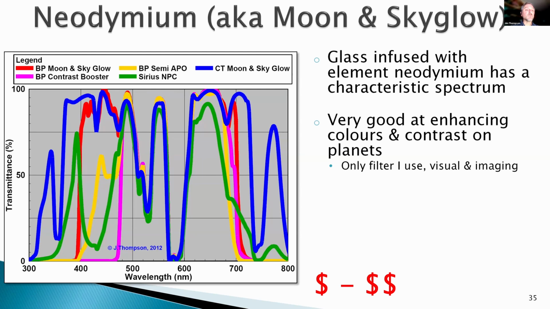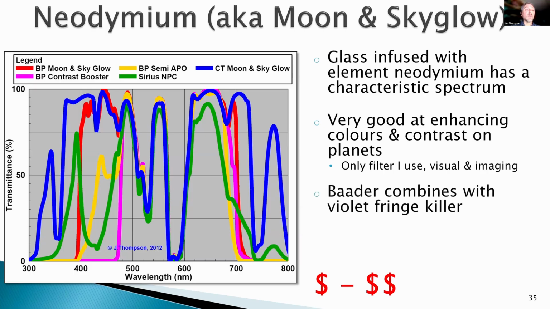I personally use the Moon and Sky Glow filter whenever I observe planets. There are a number of variations on the basic neodymium-infused glass filter that tailor the filter for different applications. Some have interference coatings to provide UV-IR blocking, making them good for imaging.